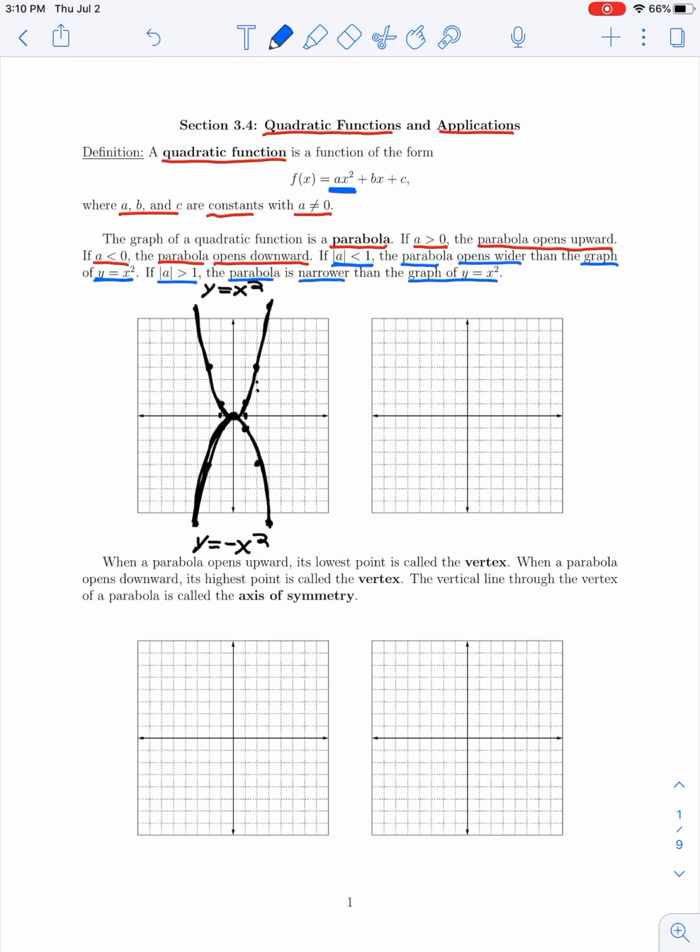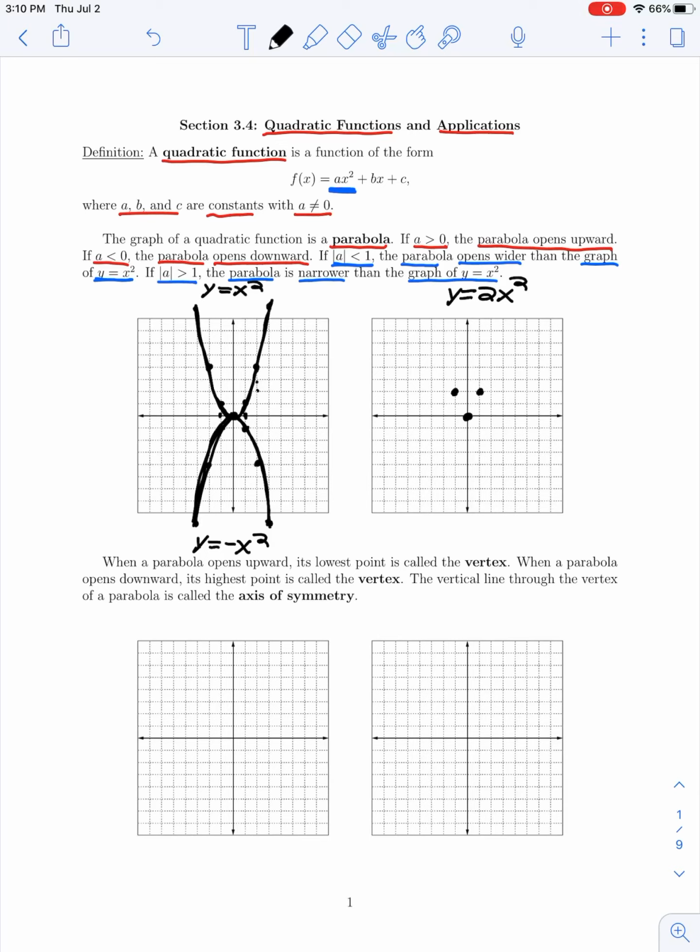So to illustrate this, let's look at a couple of examples. Let's say that we take the graph of y equals 2x squared. So when x is equal to 0, y is still 0, so we're still passing through the origin. When x is plus or minus 1, our y value would now be 2, since we've multiplied our x squared function by 2, we get larger y values for each x.